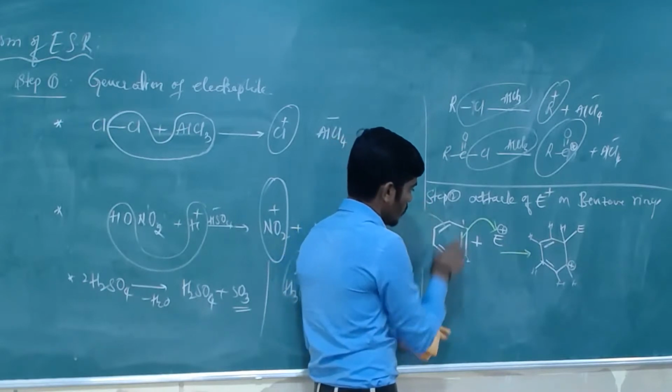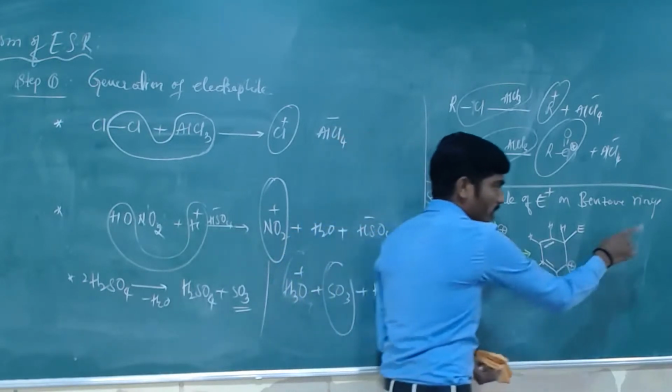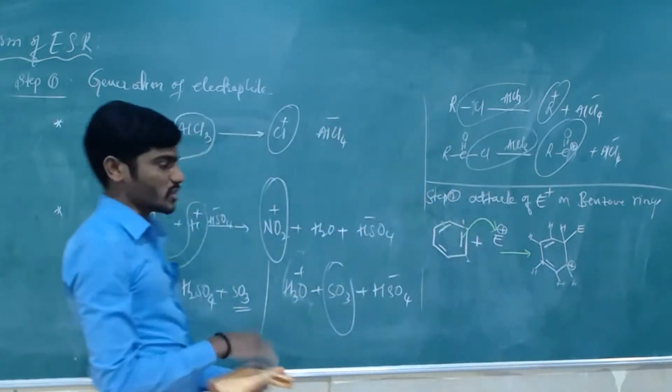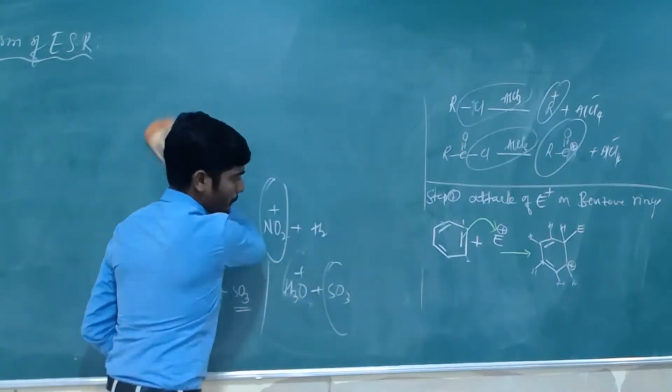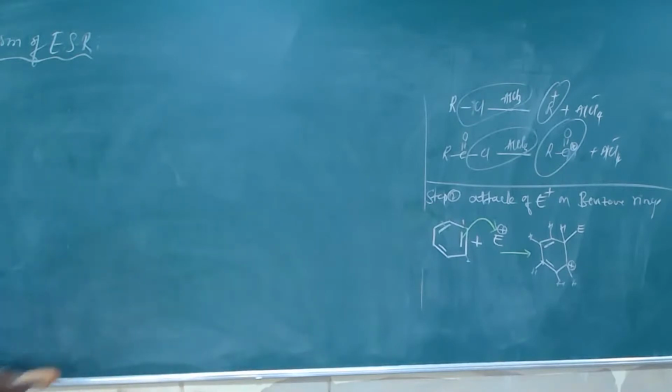Now the resonance structure. Step 2: electrophile attack on the benzene ring.